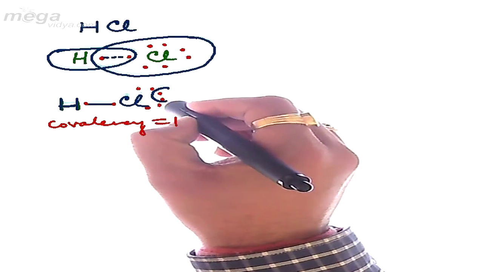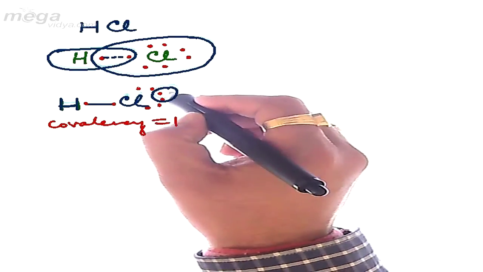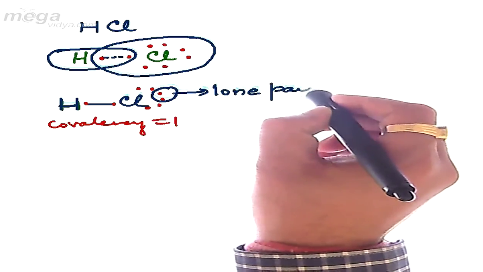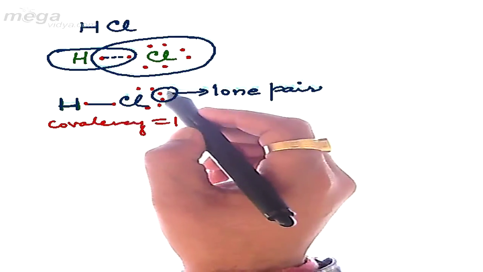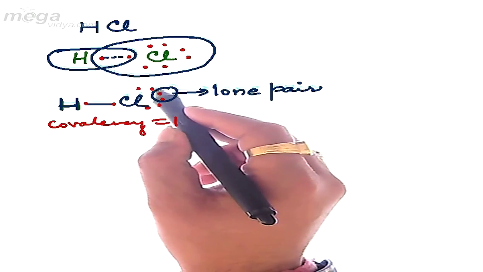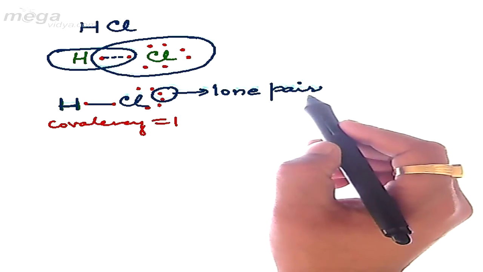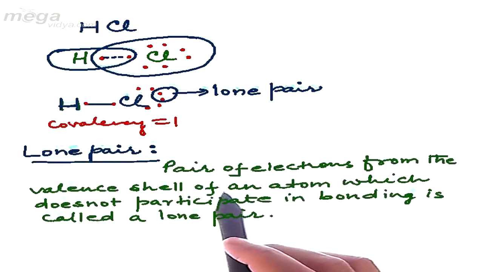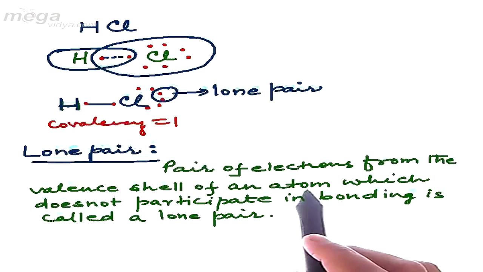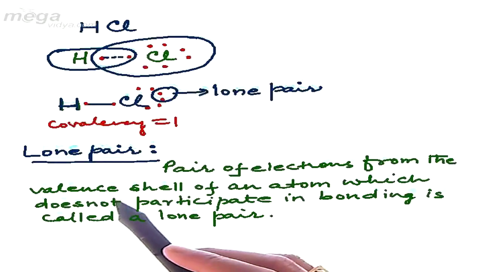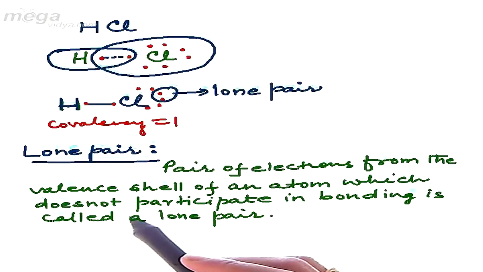Now remember, a pair of electrons in the valence shell of an atom which does not participate in the bonding is called a lone pair. Again, whenever a pair of electrons from the valence shell of an atom does not participate in the bonding, we call it a lone pair. So this is how we can calculate the covalency during covalent bonding between two non-metallic atoms.